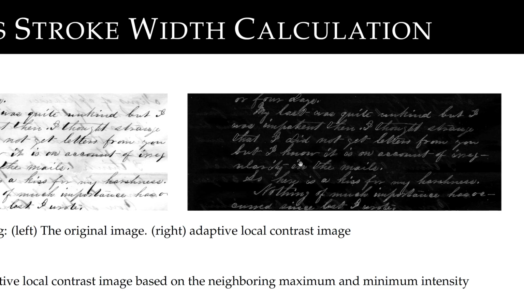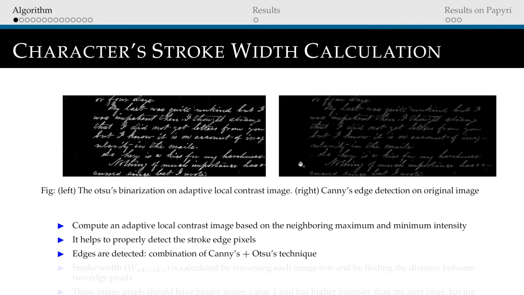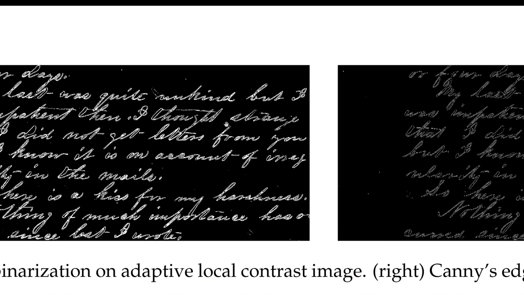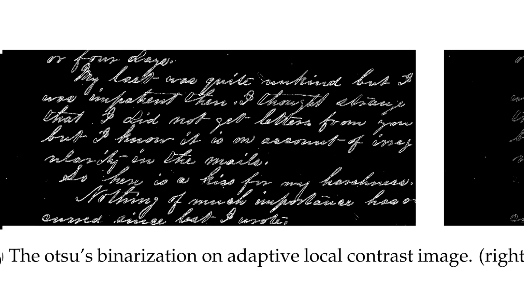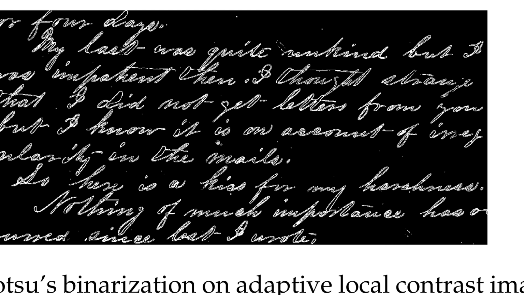So you try to find the edges in the image. After that, here there is some other processing on the image where you do a simple binarization, and then you get those edges more clearly. Okay?